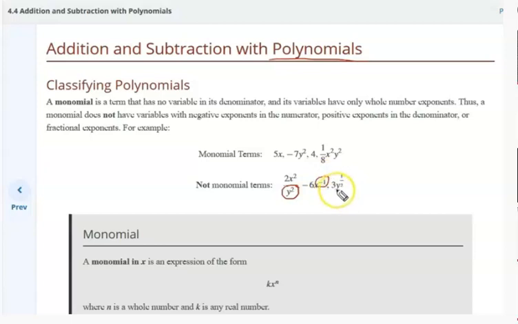And this is not a monomial or a polynomial because it has a fractional exponent. So these are 3 things you need to be aware of. You want to write them up separately, you can, but no variables in the denominator, no negative exponents, and no fractional exponents. If they have these, they're not considered polynomials. And the subcategory here is a monomial.